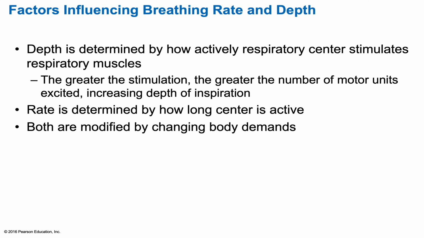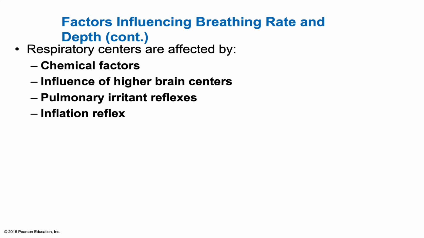So changing body demands can modify both the depth and the rate of breathing. The respiratory center can be affected by changes in chemical factors, influences of higher brain centers, pulmonary irritant reflexes, as well as inflation reflexes. We'll be looking at some of these as we move through the rest of the lecture.